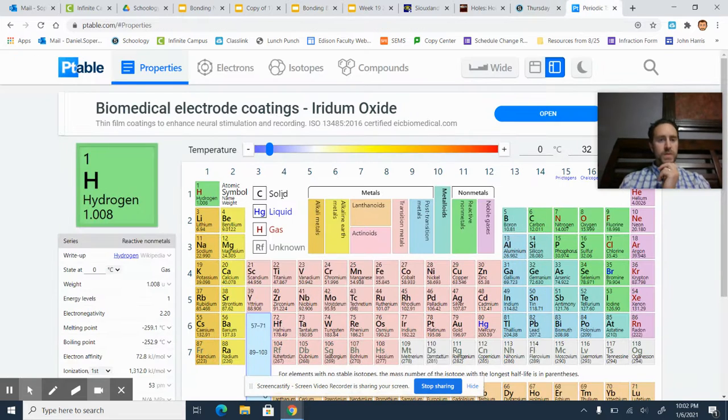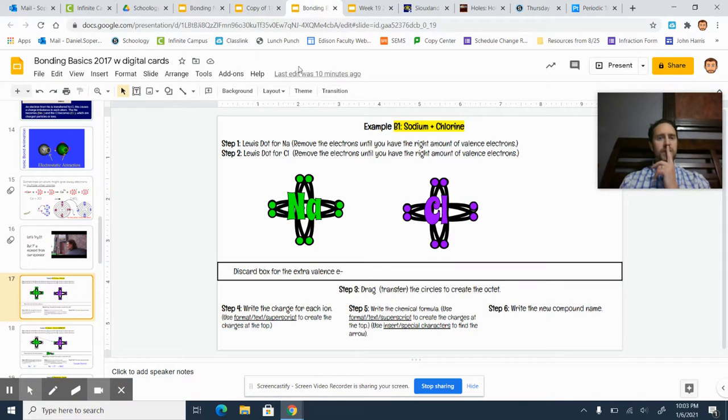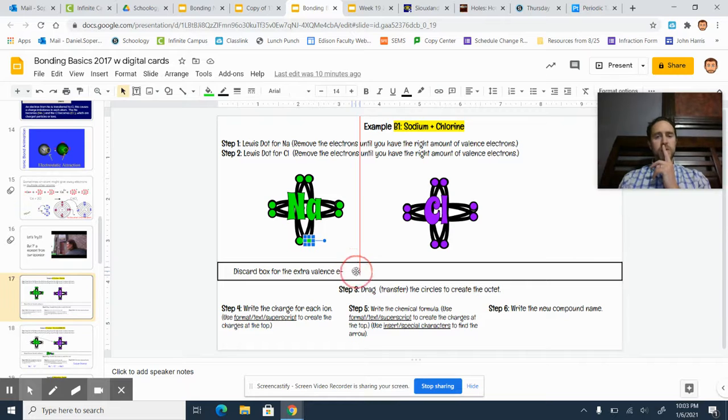So I'm going to go to sodium, which is right here. Now, I've already put in the chemical symbol for you, so you just need to figure out how many valence electrons it has. Well, it's in column 1, so it has 1 valence electron. So take away these extra valence electrons. They don't belong, except for 1, because it just has 1 valence electron.